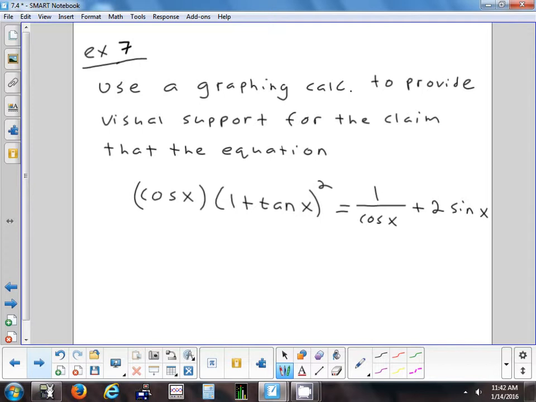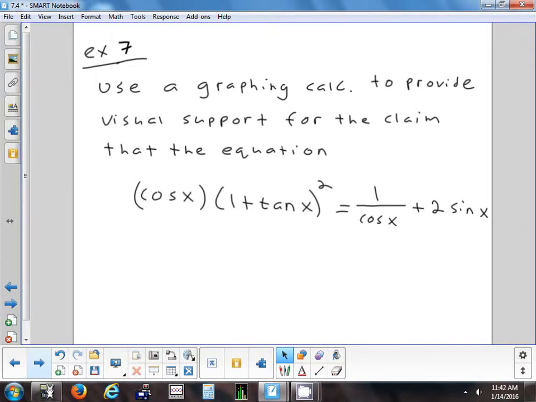All right, this one is just basically something you would do before you do a proof. So let's say you had these two expressions, and you said, you know what, I don't want to waste time proving they're equal if they're not. Well, what you could do is use your calculator, graph what's on the left, graph what's on the right. If they look the same, then chances are they are equal, and this problem is possible to do.